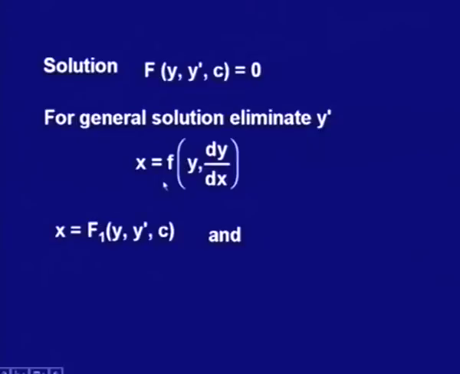If it is not possible, let us say the solution we get is x is equal to f1 of y, y dash and c. If it is not possible to eliminate this y dash, we can write one function as x in terms of y, y dash and c, and another as y is equal to f2 of y, y dash, c, just as in the previous method.